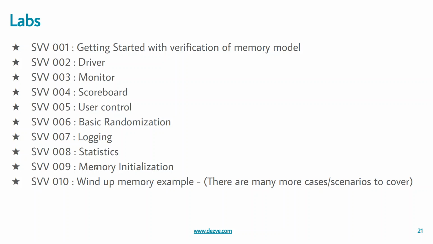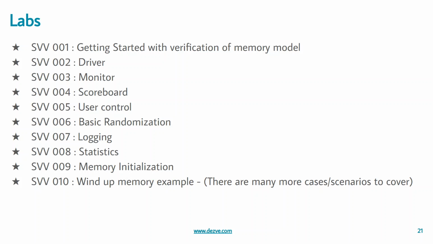After this, we'll also try to refresh our memory with some memory initialization constructs, like readmemh and readmemb. We'll see how that works, because we have a memory model, and we'll try to initialize that memory model with some values.